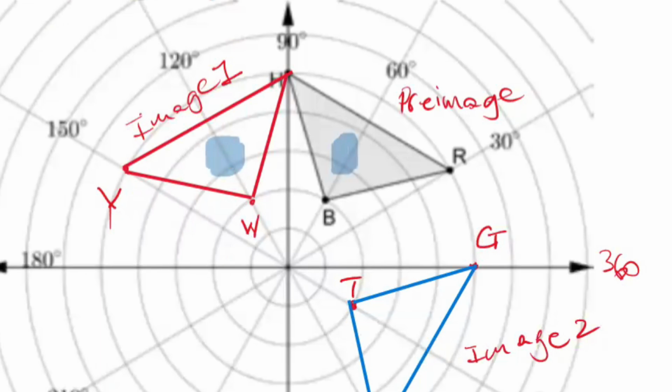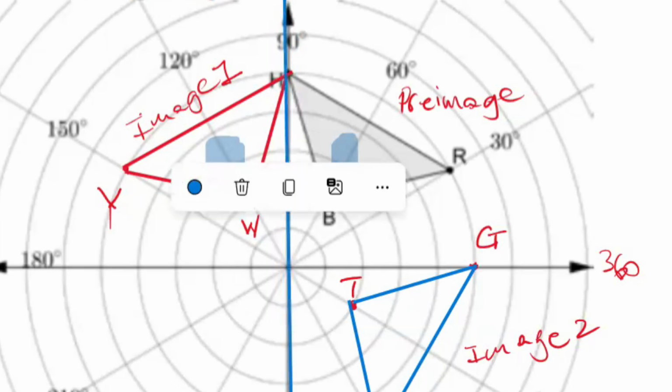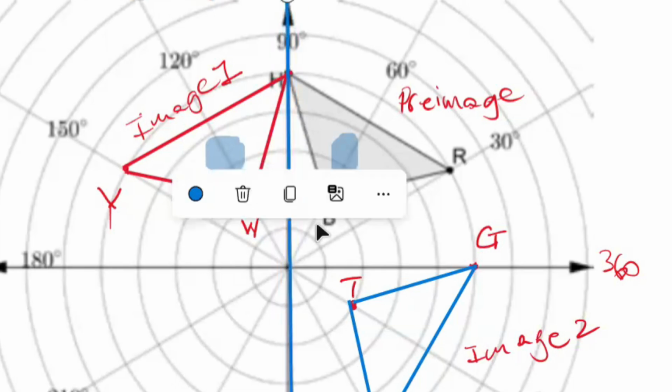As you could see, based on what we did, I'm actually seeing that we do have an imaginary line here. If you look at this line here, it acts like a mirror.